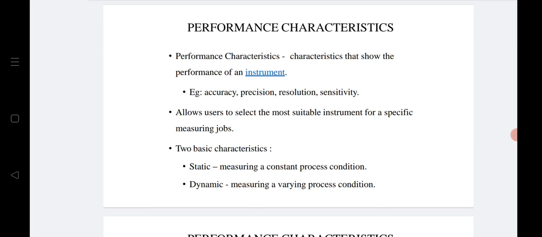A weather report is dynamic, it continuously changes. Static measurement is, for example, purchasing some kirana store item or a vegetable where the quantity will remain constant. I keep some mangoes or fruits on the weight machine and just calculate the weight, that's it. So this is known as a constant measurement.